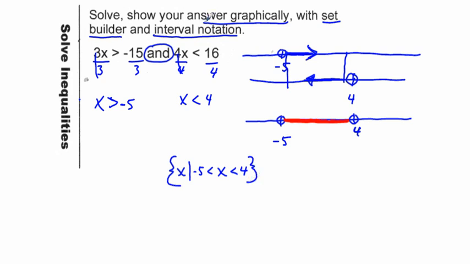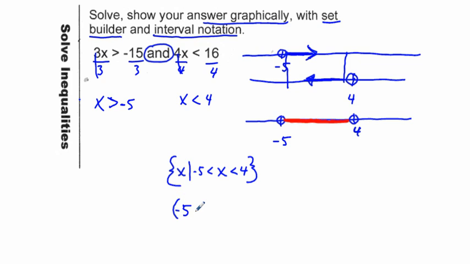And lastly, we have our interval notation. Interval notation is going to be brackets and parentheses and commas. In this case, we have greater than negative 5. So by convention, we put the smallest number, which is negative 5, and we know that the value cannot be negative 5.